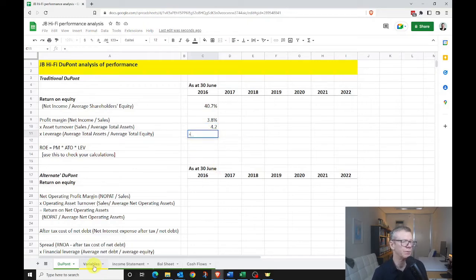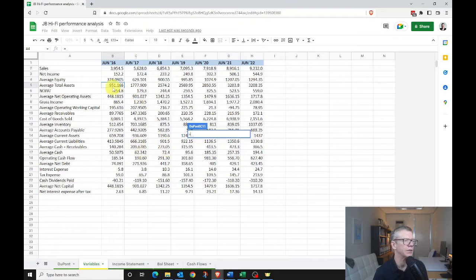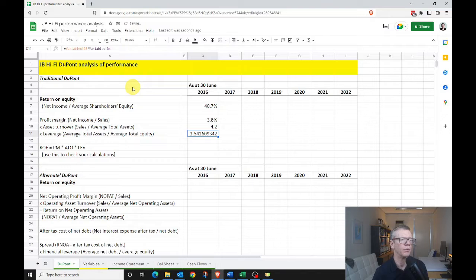The leverage measure that we've got, average assets divided by average equity, or in other words, the extent to which we've got borrowing in the financing structure. And there are three components. What we now want to do, just to check that we've done this calculation correctly, I'm going to multiply those three together.